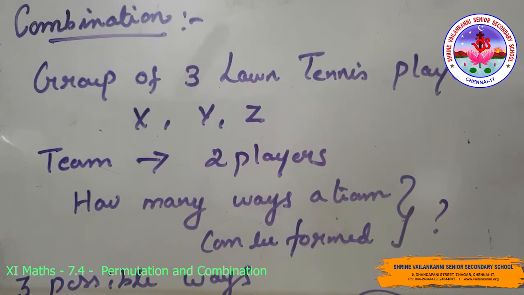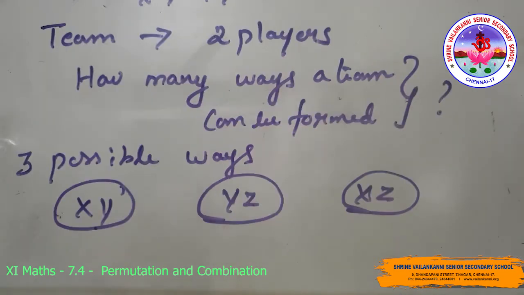with 2 players? Is a team of X and Y different from the team of Y and X? X and Y is the same as Y and X. There are 3 possible ways in which the team could be constructed: XY, YZ and XZ.